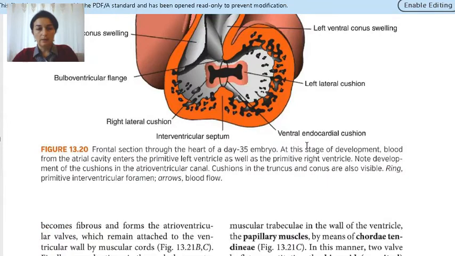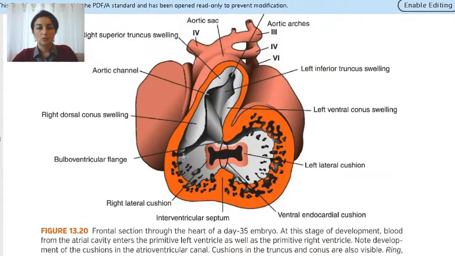Then here we are looking at the formation of the right and left atrioventricular orifices.